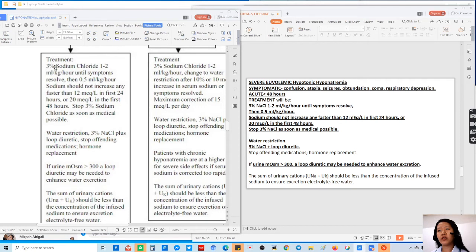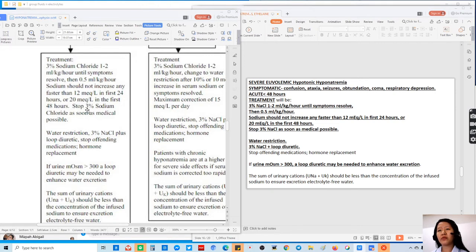So the treatment will be 3% sodium chloride, 1 to 2 ml per kilogram per hour until symptoms resolve. Then administer 0.5 ml per kilogram per hour. Sodium should not increase any faster than 12 milliequivalents per liter in the first 24 hours, or 20 milliequivalents per liter in the first 48 hours.